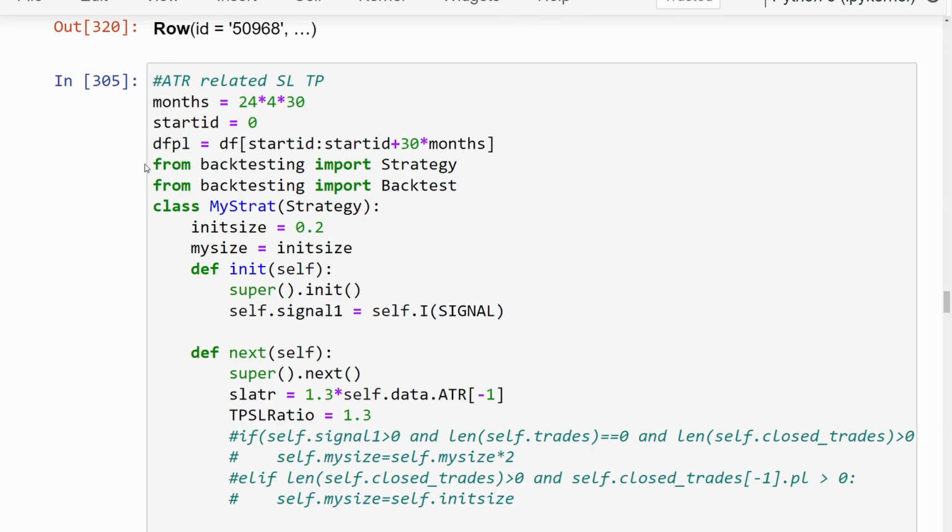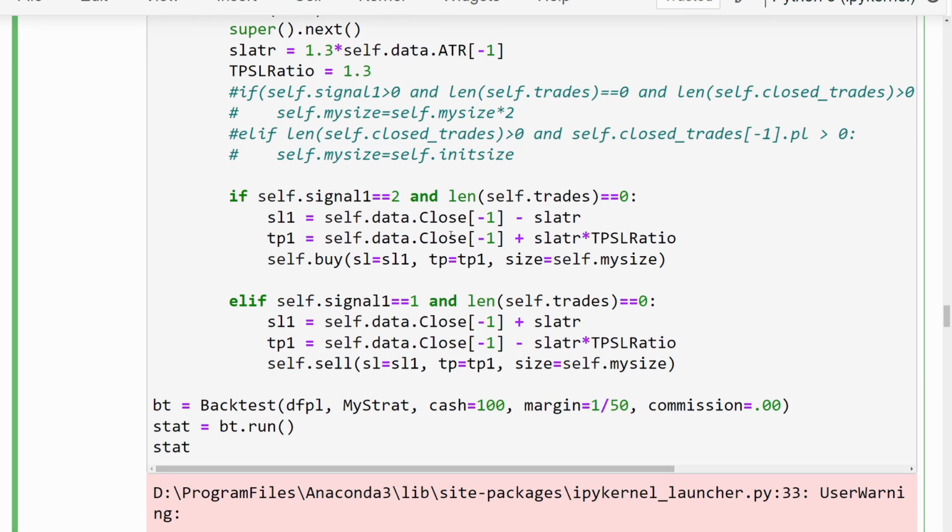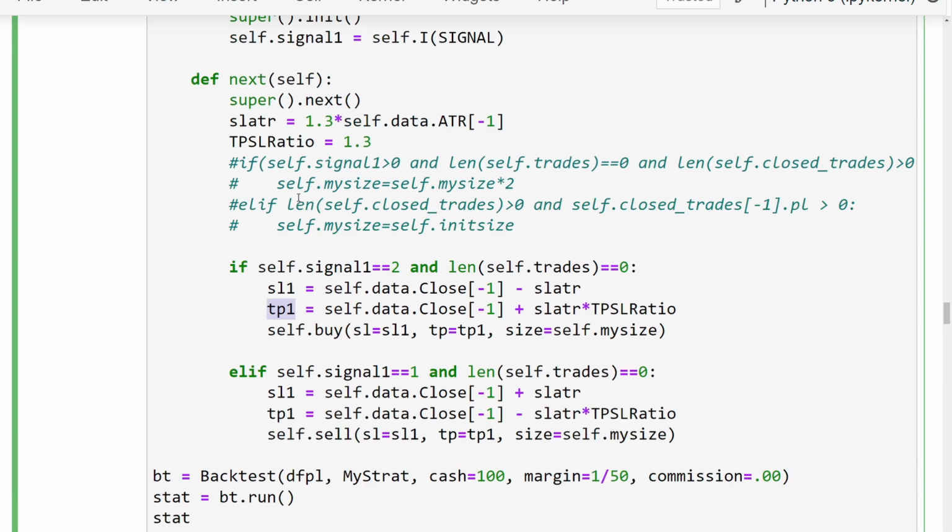I'm going to try exactly the same thing, so over 30 months, dealing with 20% positions of our equity, but this time I'm going to use the ATR and the take profit stop loss ratio for the take profit distance. So stop loss and take profits now are related to 2 parameters.